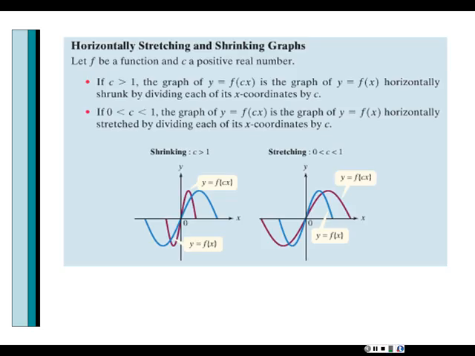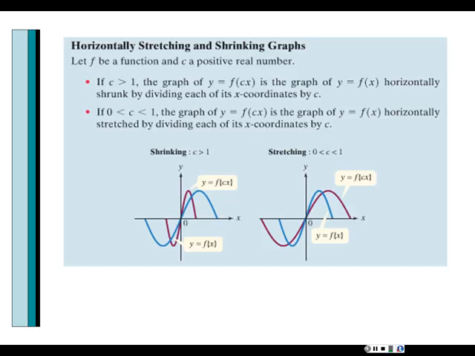In the first example, here the blue line is the original line, and then your, oh wait a second, what are we doing? Horizontally shrunk. Oh, I'm sorry. In this case, you are horizontally shrinking. Yeah. So it's a little bit different, because if c is larger than 1, you are shrinking, and if it is 0 to 1, you are stretching.